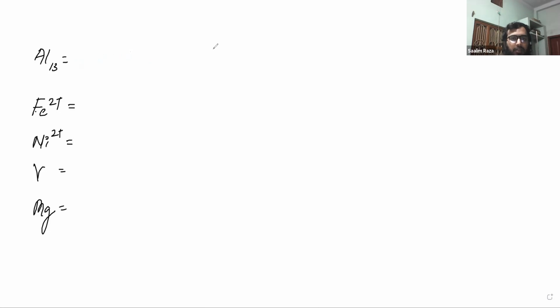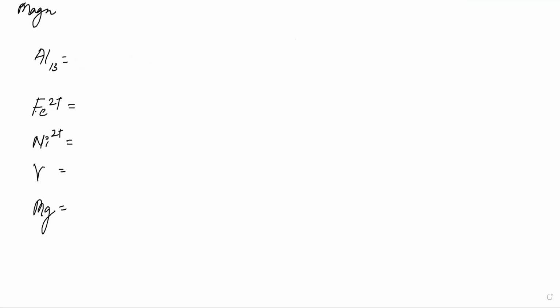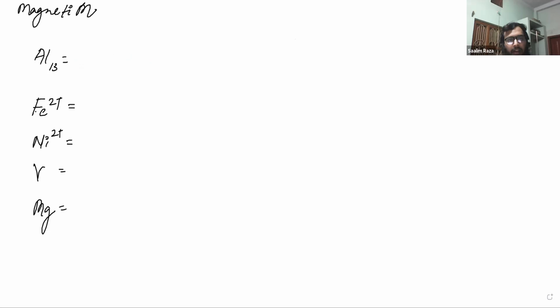There's a concept which is called magnetic moment. It is a new concept related to unpaired electrons, hence I am adding it here. How do we calculate magnetic moment?